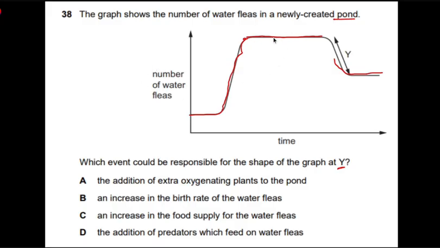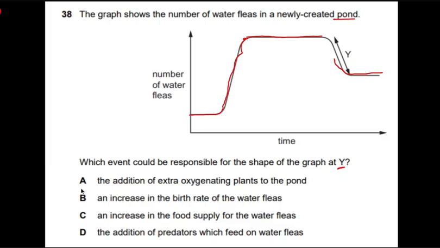As you can see here, there is a constant maintenance of the flies, those which are being produced and those which are being eaten by the predators. So what was happening here, maybe the death rate increased, or there was a predator eating these flies.